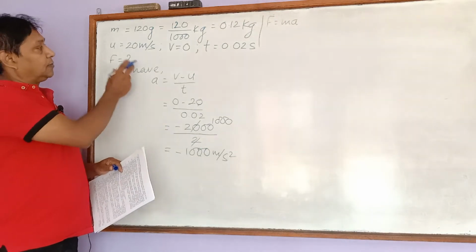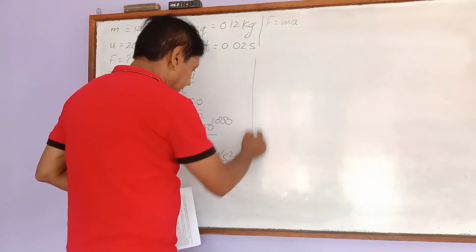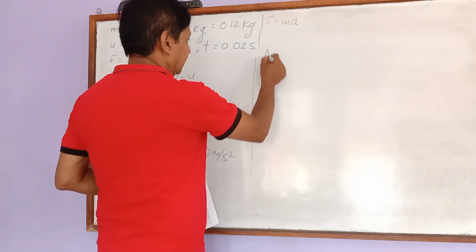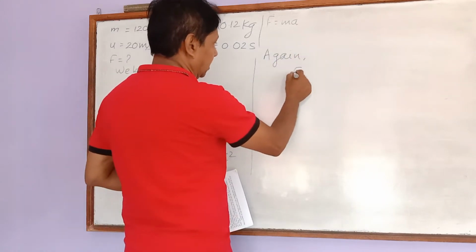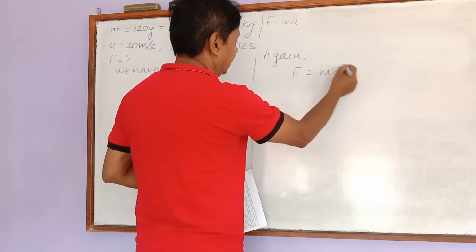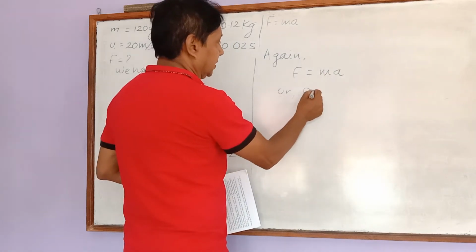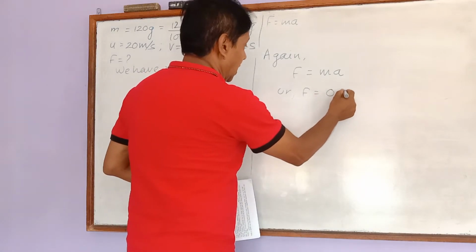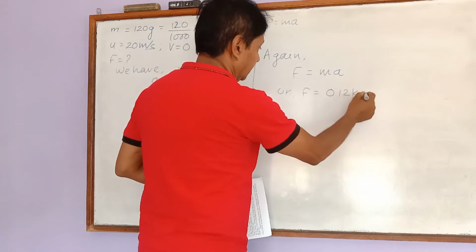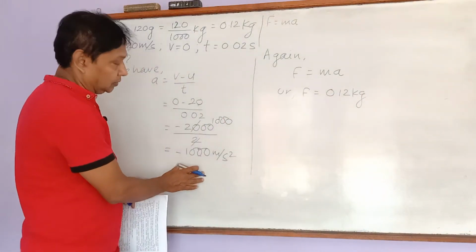Now next we have to find out F. Again we have this equation, F is equal to ma. Mass is given here, it is 0.12 kilogram, and acceleration is calculated here.